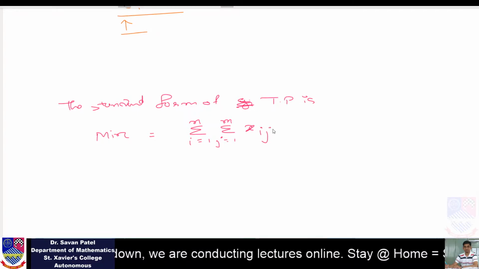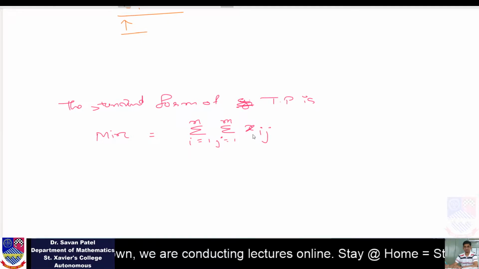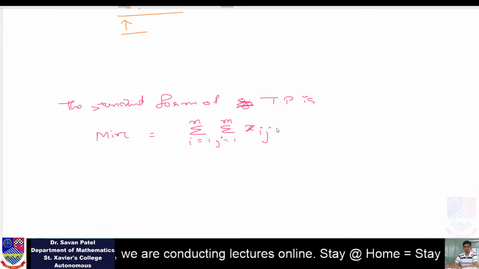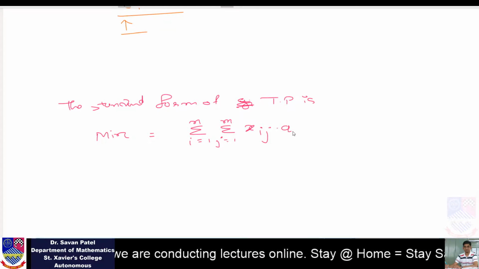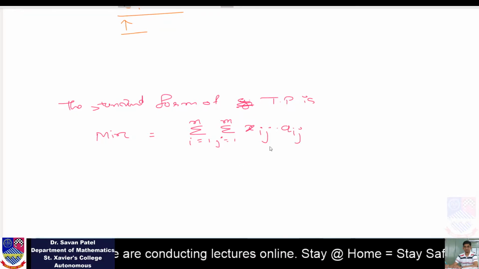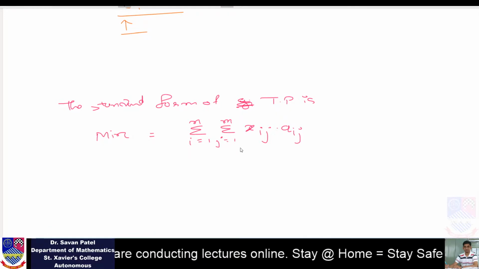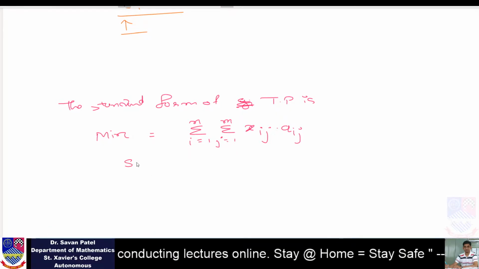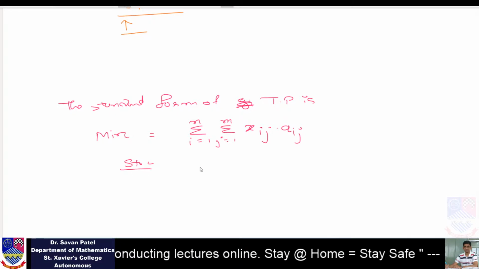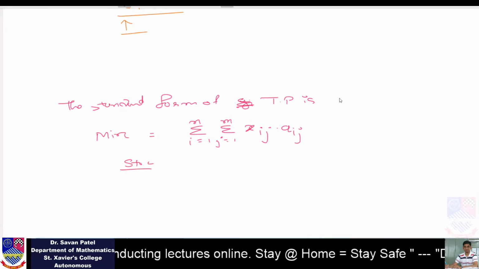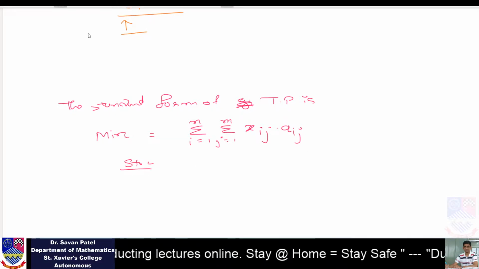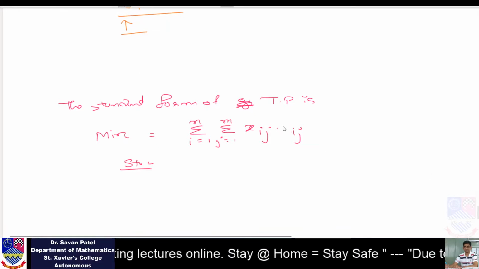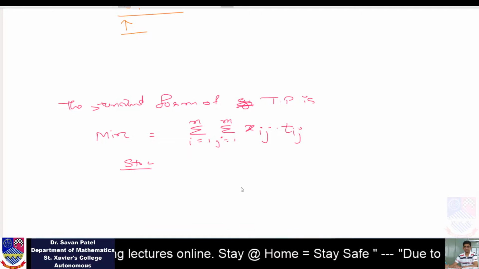This is the transportation done from i source to j destination, and the transportation cost. Let me write a_ij. Sorry, instead of a_ij, let me write the transportation cost. So it is t_ij. Better symbol is t_ij. So let me write there t_ij.